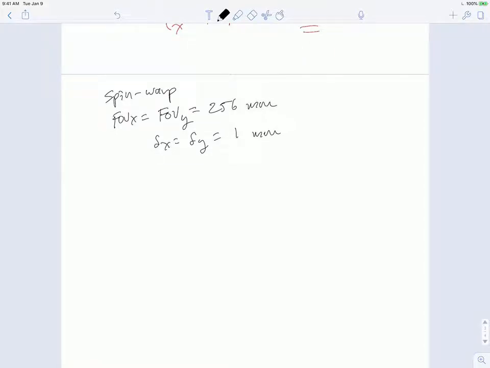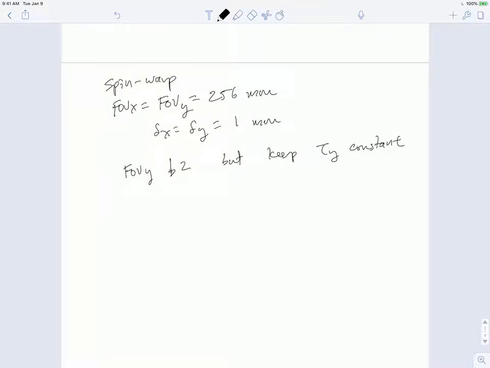Okay, and now there's a number of things we could do, but a simple question is what happens if the FOV in the y direction goes down by a factor of 2, but keep this tau sub y constant. Okay, so we're just going to go through what things must change for that to happen.